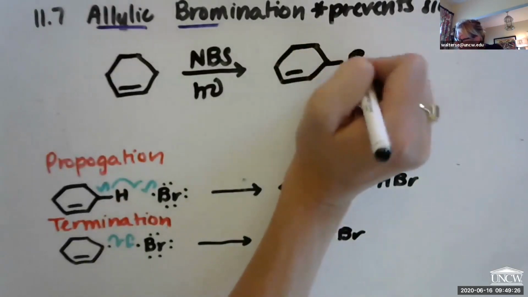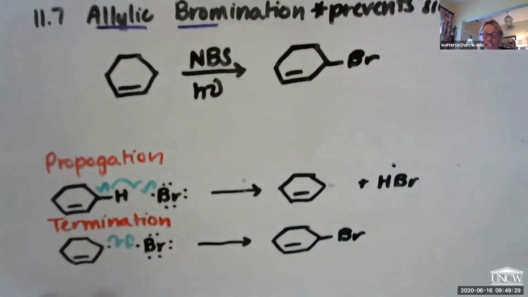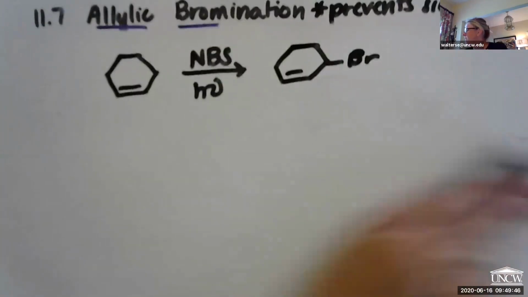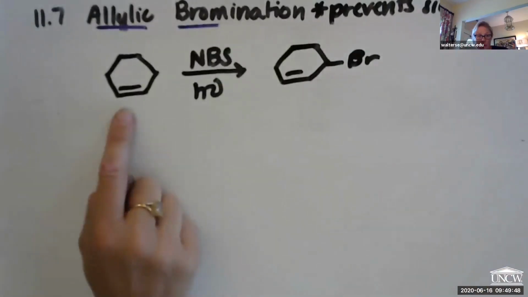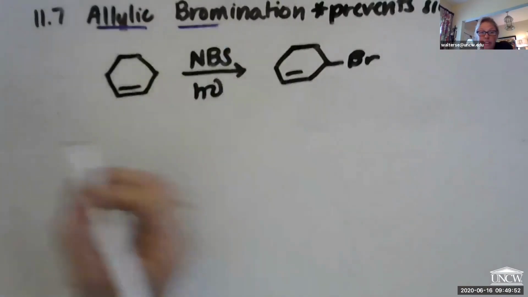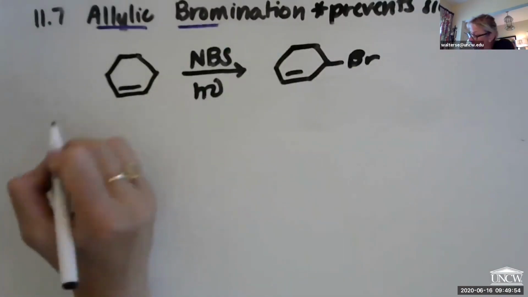So you wouldn't even necessarily have to draw the NBS, but if you see it, you need to know what the structure looks like so you can associate the letters or the abbreviation with an actual compound. Now, depending on the position of your alkene in your substrate, it's not uncommon in allylic bromination to get a mixture of products.